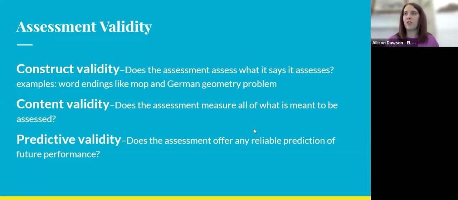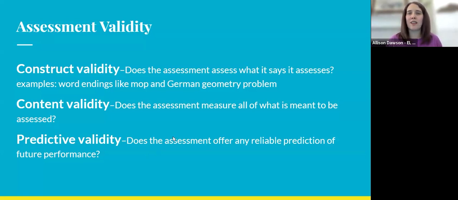On the next page, on page 239, the chapter briefly outlined different types of validity when you're thinking about formative assessments. Construct validity: does the assessment assess what it says it's going to assess? Kind of like what we just talked about with the letters and sounds.